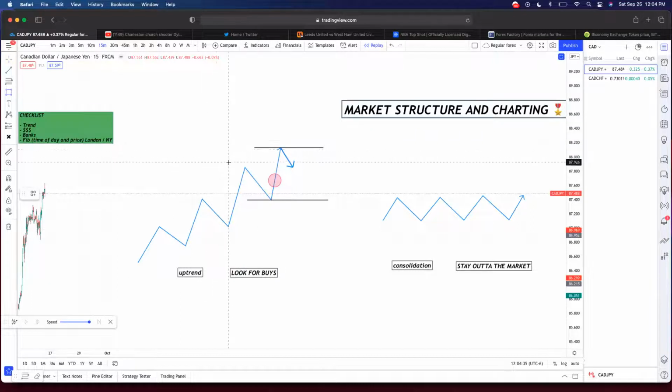Do you guys know why price is most likely going to reject from here compared to if price was sitting here at maybe 9:38 a.m.? So I was giving 10 a.m., right?